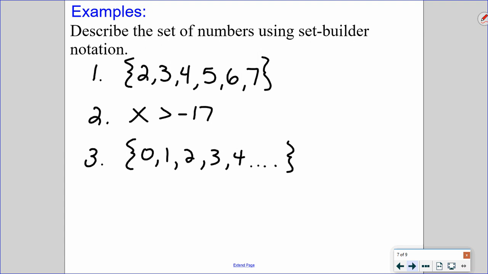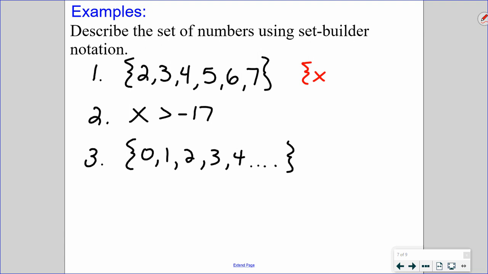Okay, let's look at some examples. We want to describe the set of numbers using set builder notation. And for these examples, I'm just going to use x as my variable, but it wouldn't have to be x. Let's say we're talking about range, we would use y.